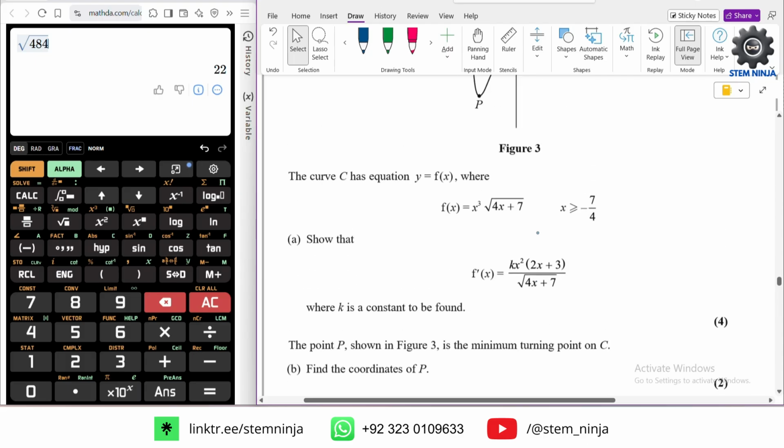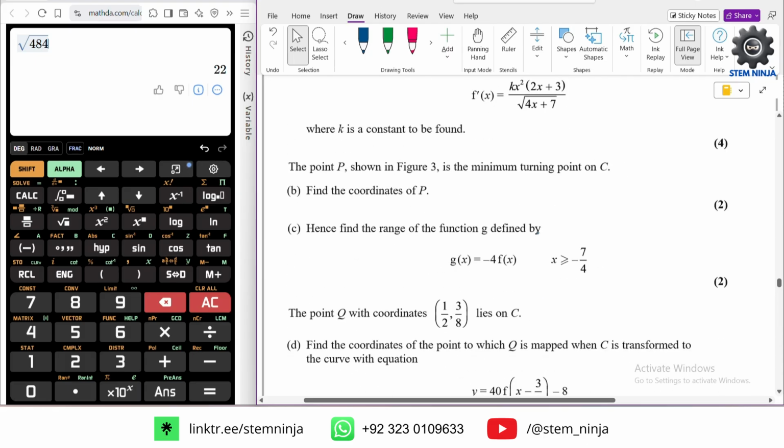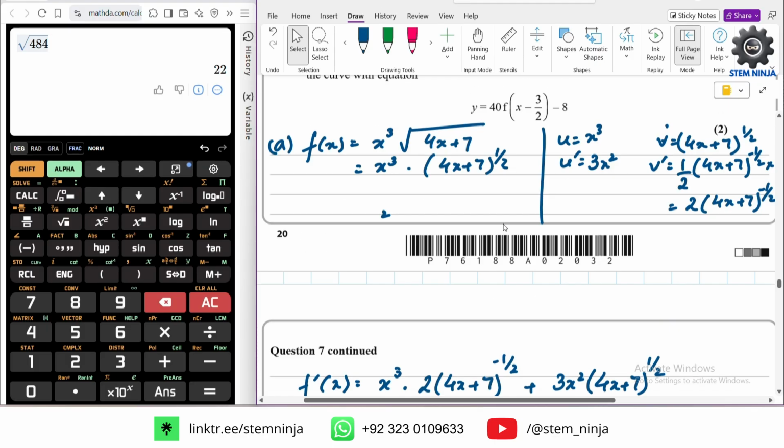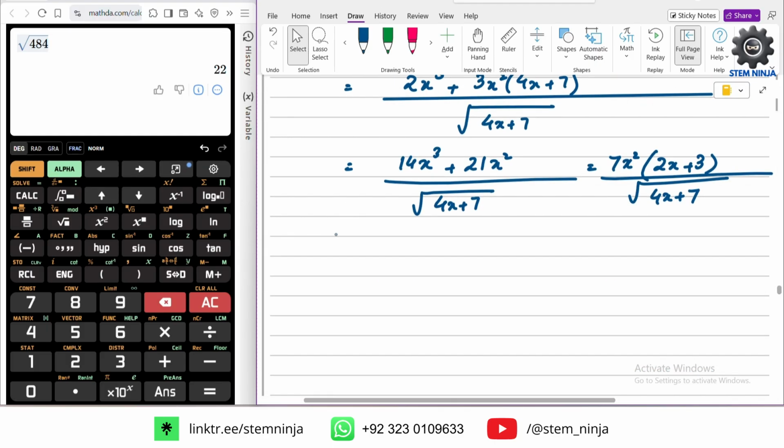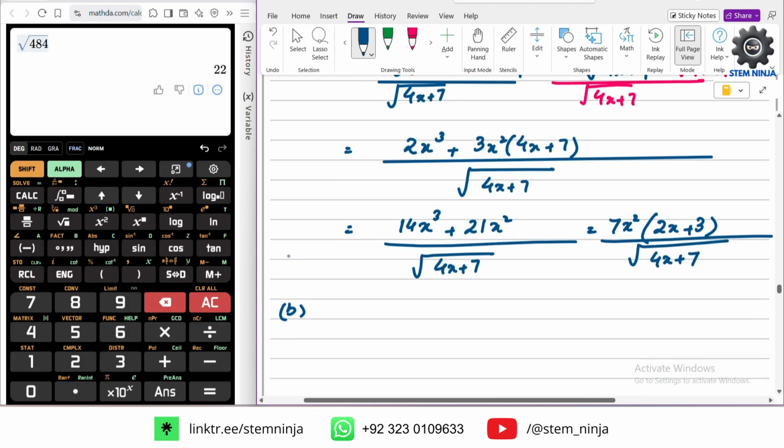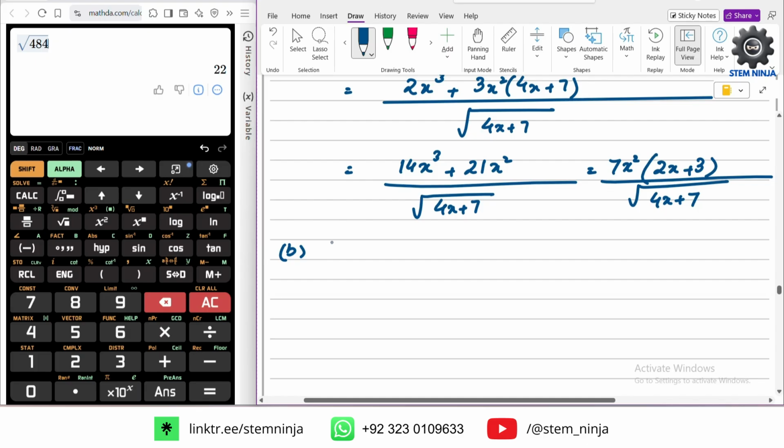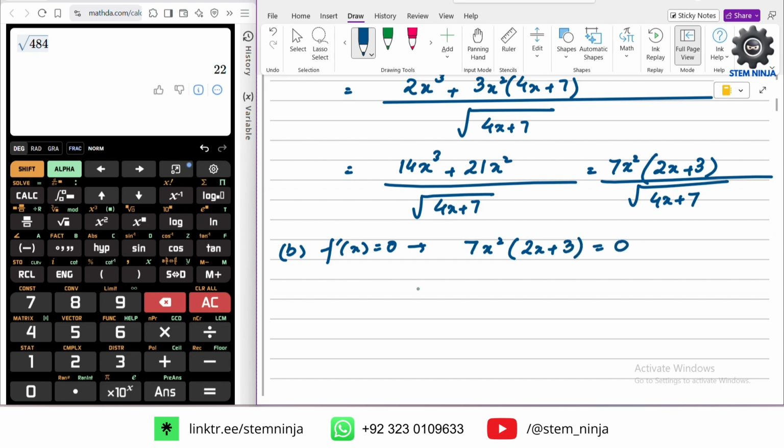Point P shown in the figure 3 is the minimum turning point on C. Find the coordinates of P. Okay. So part B is where f prime of x is 0. So basically the bottom part we don't have to worry about. So 7x squared, 2x plus 3 equal to 0.